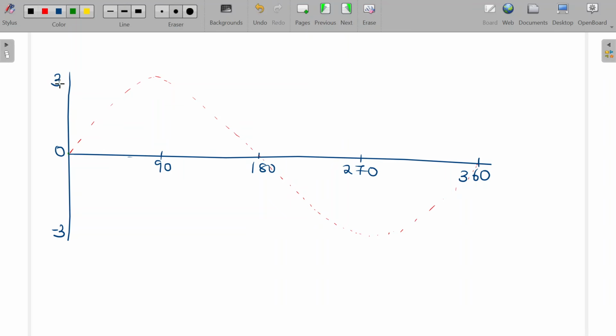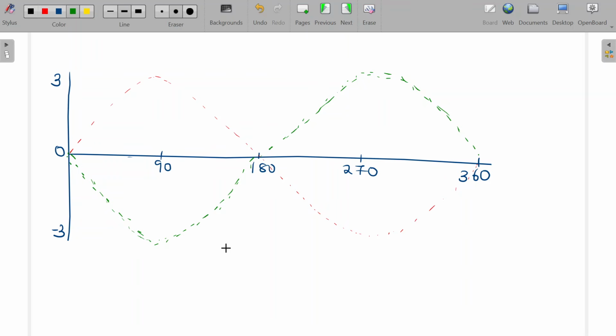So this point will come here, and it's going to be like this. That's how it's going to be inverted. It's going to be a mirror image of the normal sine graph.